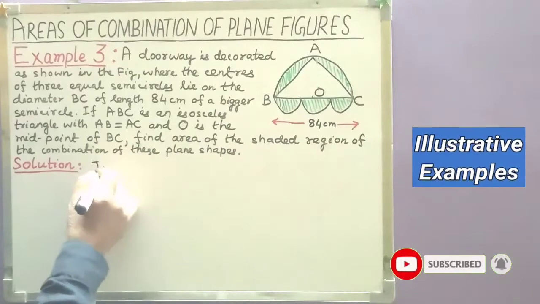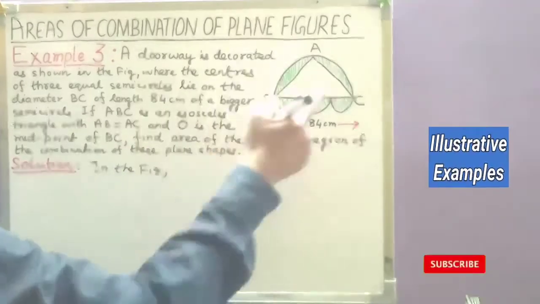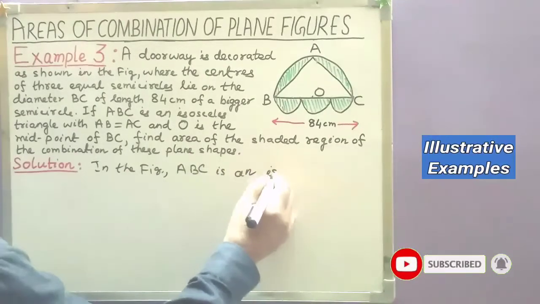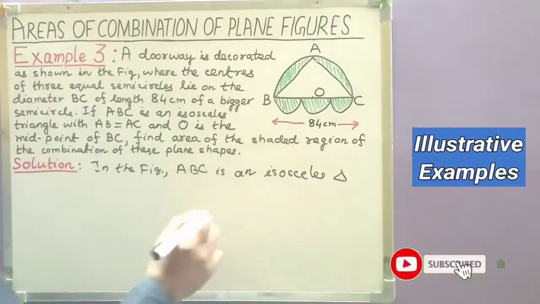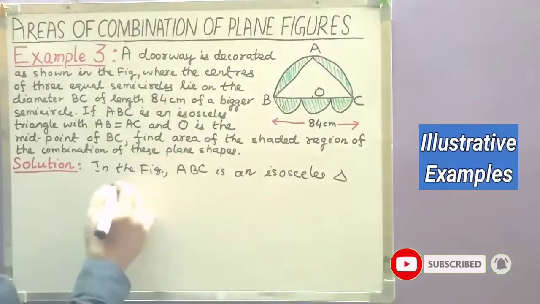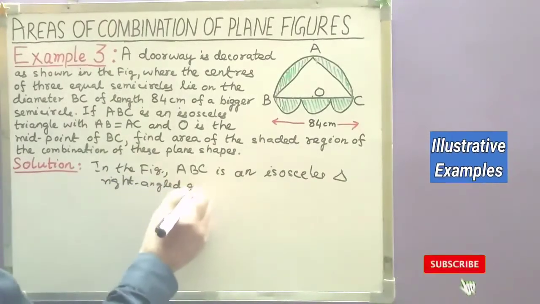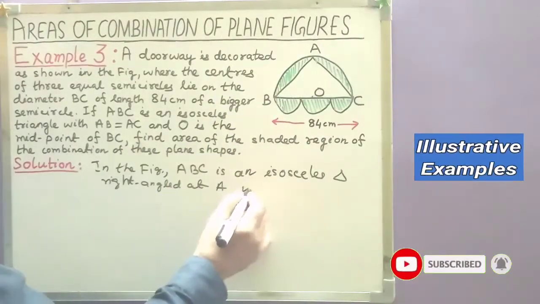Let's solve this question. In the given figure, ABC is an isosceles right triangle right angled at A with AB equal to AC. Angle A is right angle because angle in the semicircle is a right angle.